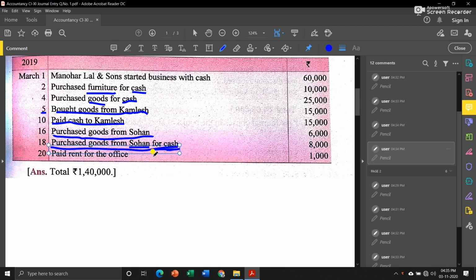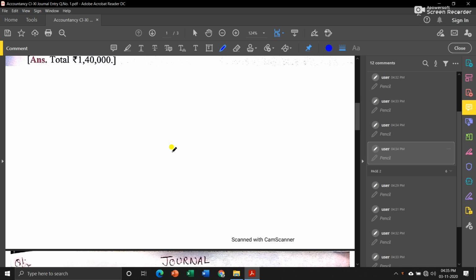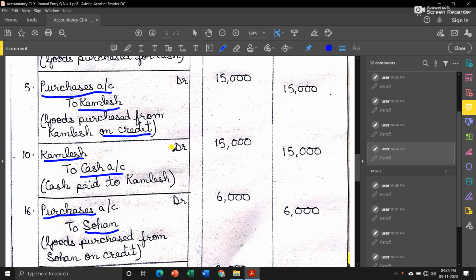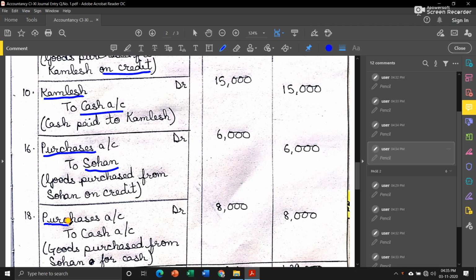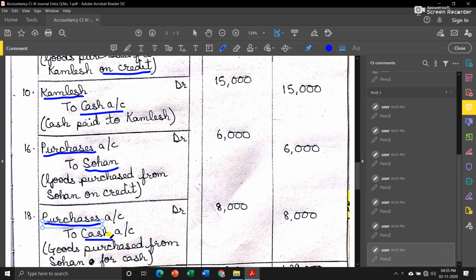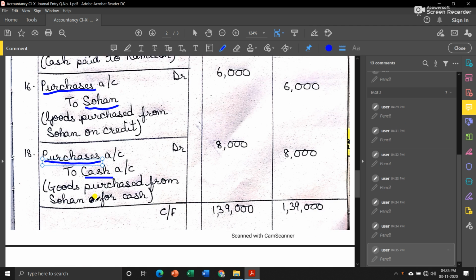Remember that whenever the transaction is a cash transaction, if it is purchase or sale, then we will ignore the seller or buyer's name, and we will take purchases or sales account and cash account depending on the transaction. Now since this is purchases, we will write purchases account debited to cash, because cash is going out from the business, of rupees 8,000, and in narration we will write goods purchased from Sohan for cash.